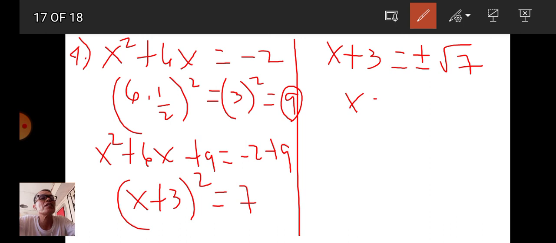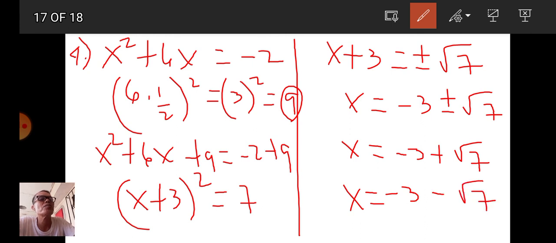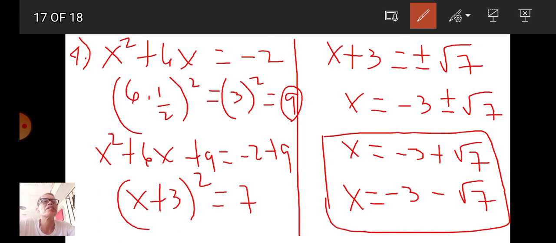You will have x is equal to negative 3 plus minus the square root of 7. So therefore, the value of x now is x is equal to negative 3 plus the square root of 7. The other one is x is equal to negative 3 minus the square root of 7. So this is the value of x.